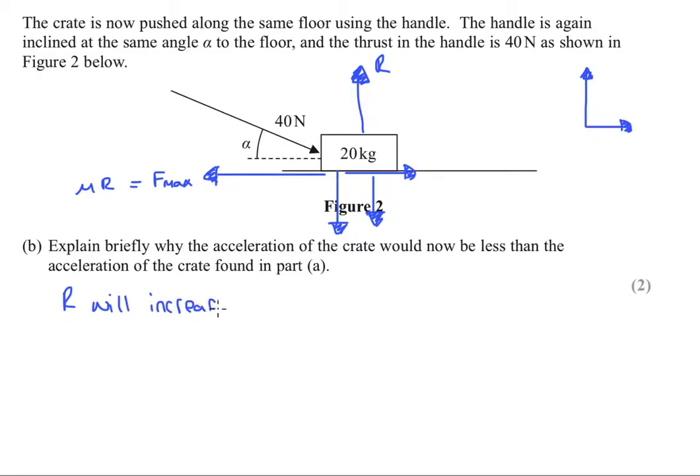Because before, R had to share the weight, if you like, with the component of the tension. This time, the thrust will increase the value of R. That is going to make F max bigger because they're proportional.